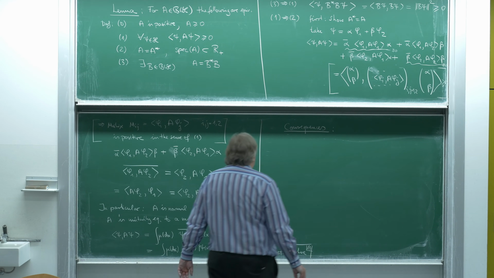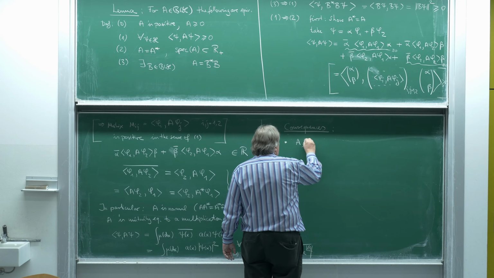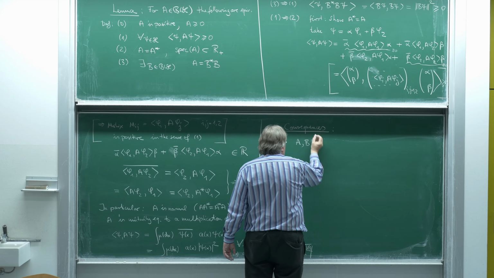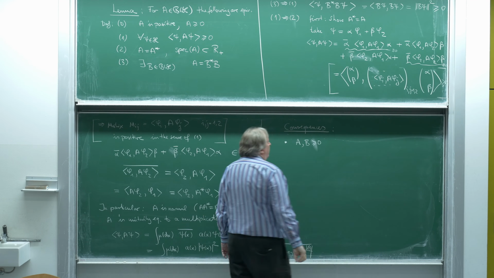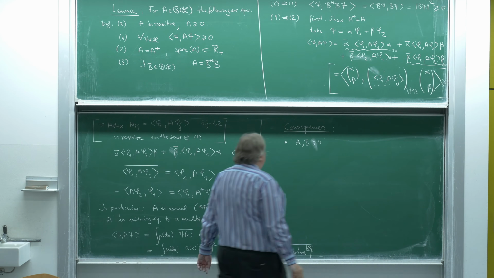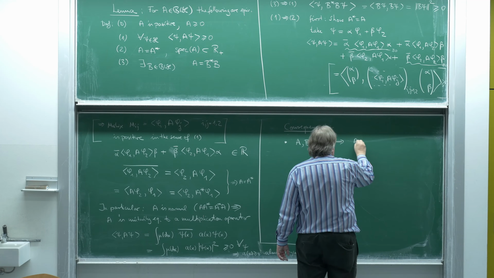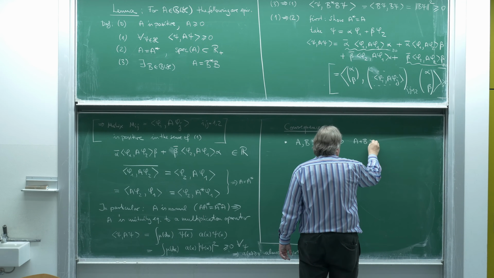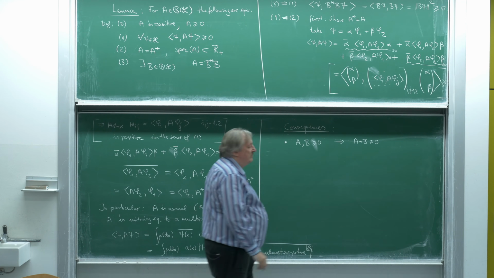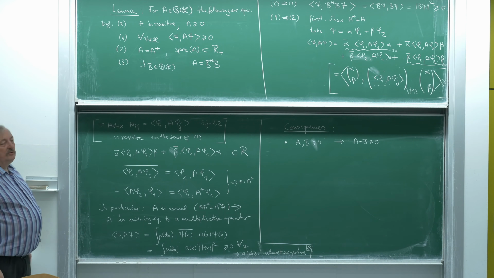Right? So let's look at some natural closure operations. So I claim that if I have two positive operators, their sum is also positive. So which of the definitions should I use to show that?